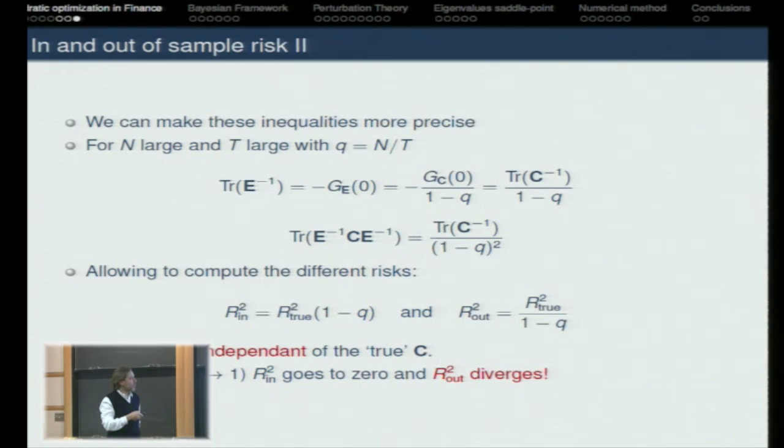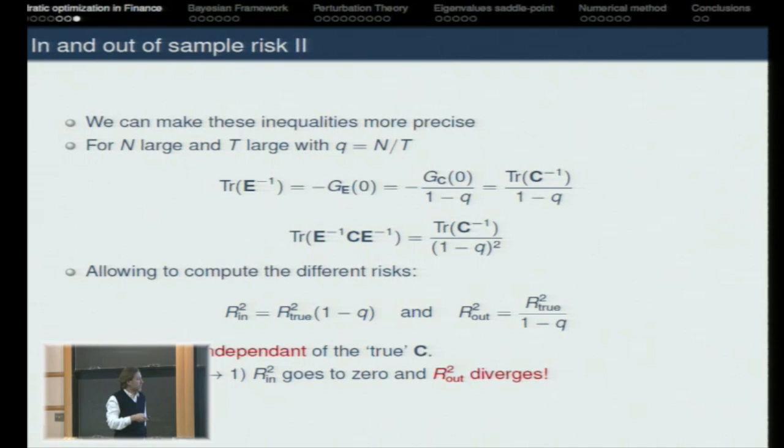And with Marcenko and Pastur, you can compute the resolvent at 0 of a sample covariance matrix related to the resolvent at 0 of the true matrix, times a factor 1 over 1 minus q. So you can relate these things. And you can do similar, a bit more involved, computations for objects like this one, and you get the trace of C^-1 over 1 minus q squared. So you can actually find a precise relationship between the in-sample risk and the true risk, and the out-of-sample risk and the true risk.